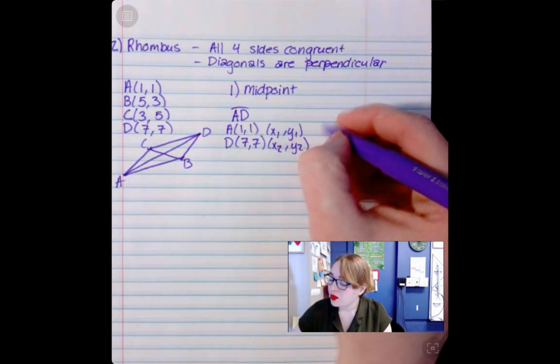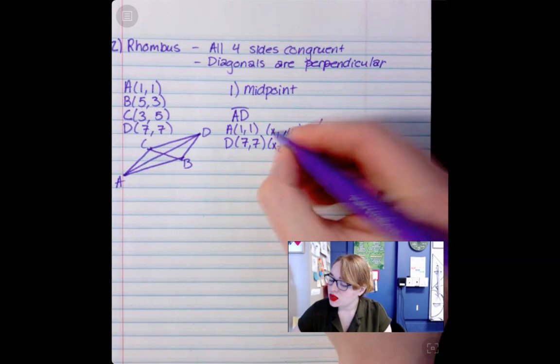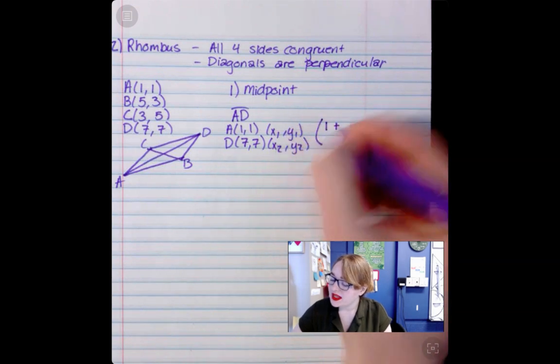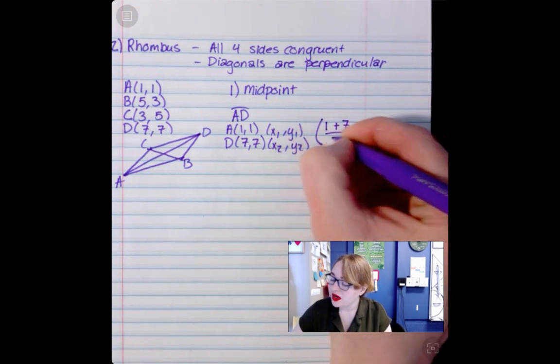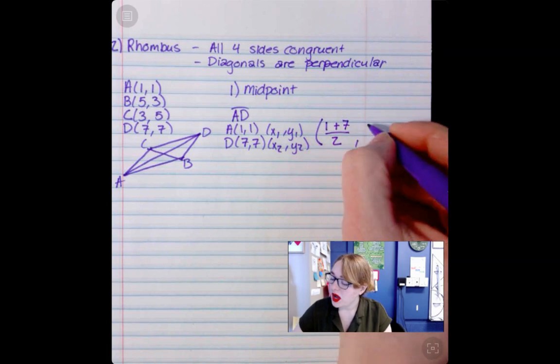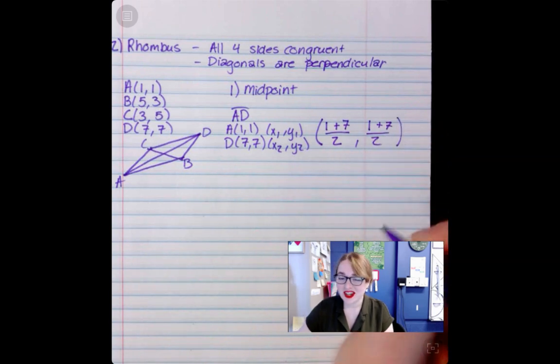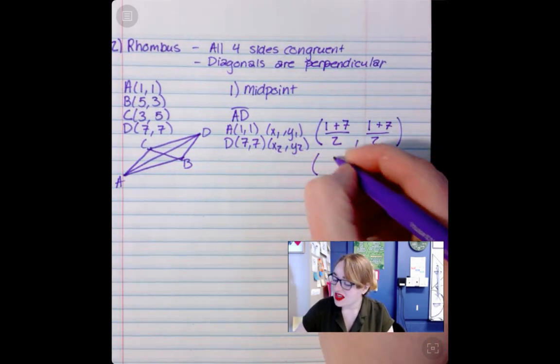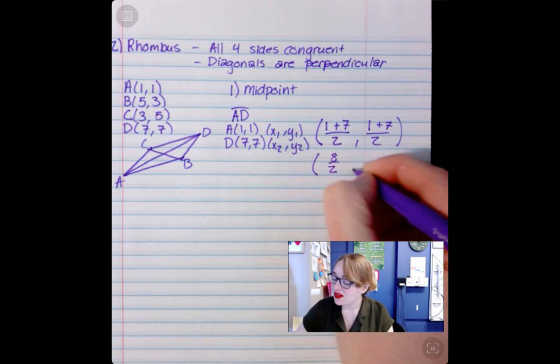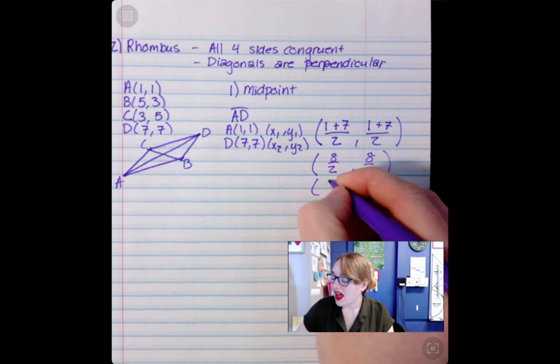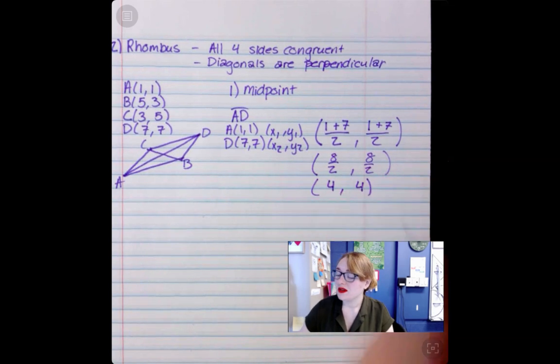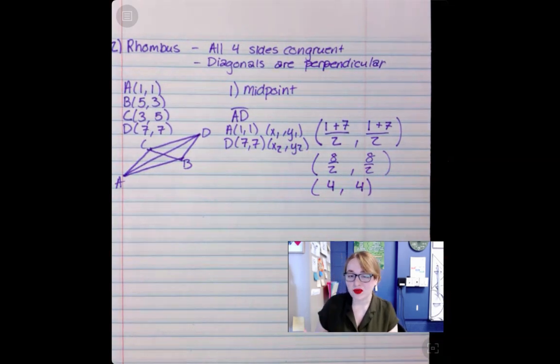Okay, so remember our midpoint formula is x1, which is 1, plus x2, which is 7, divided by 2. And then y1, which is 1, plus y2, which is 7, divided by 2. Okay, so these are identical here. 1 plus 7 gives us 8 divided by 2. When we simplify that, we get 4, 4. So the midpoint between A and D is 4, 4.